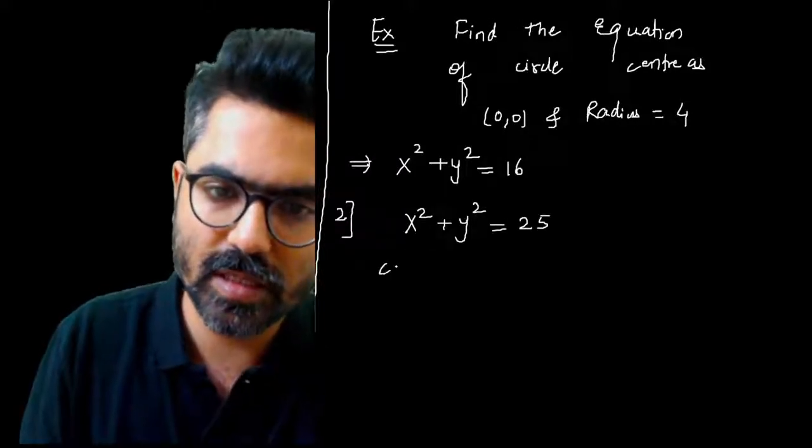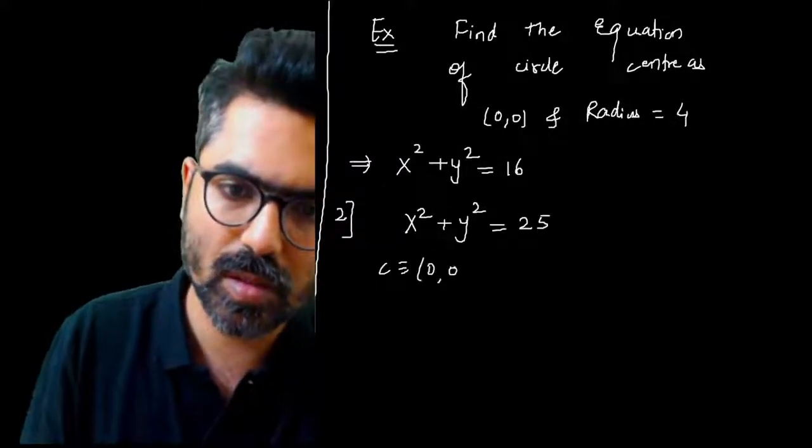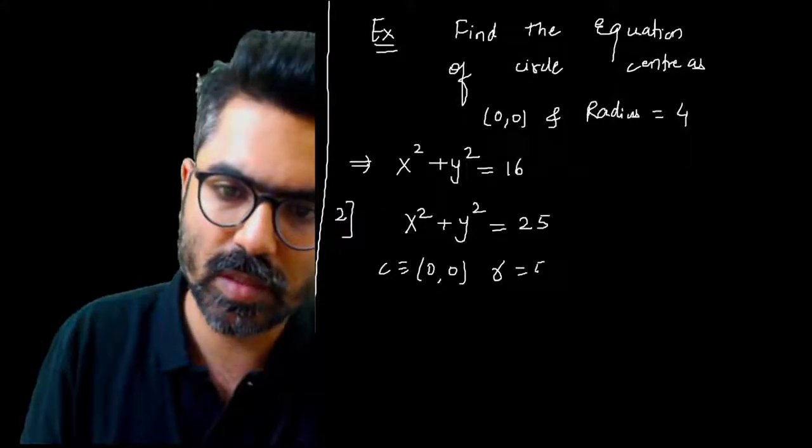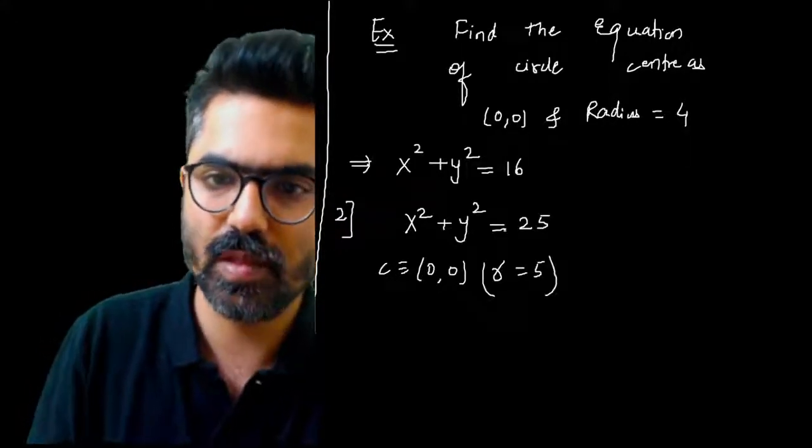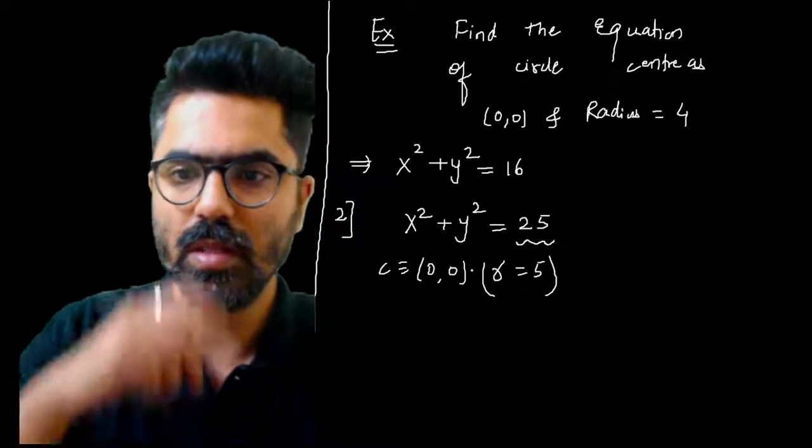We can clearly say the center of the circle is origin and the radius of circle is 5, just by looking at this term, this is r square.